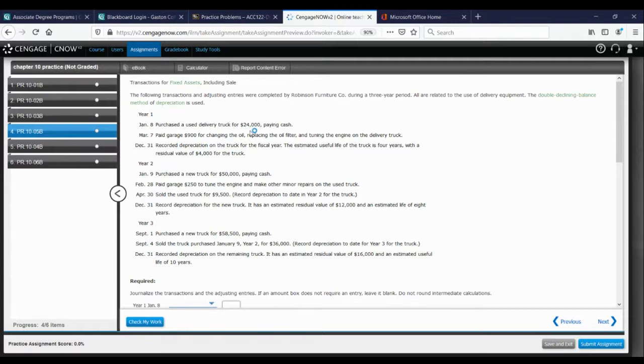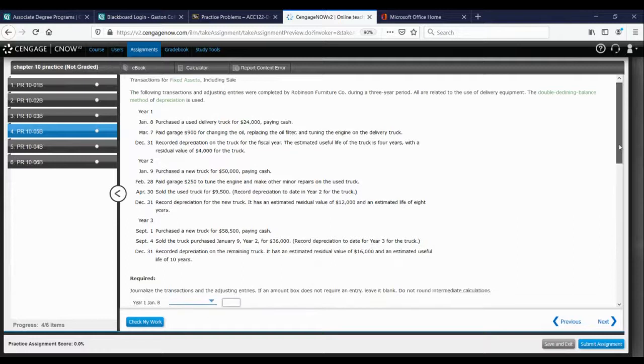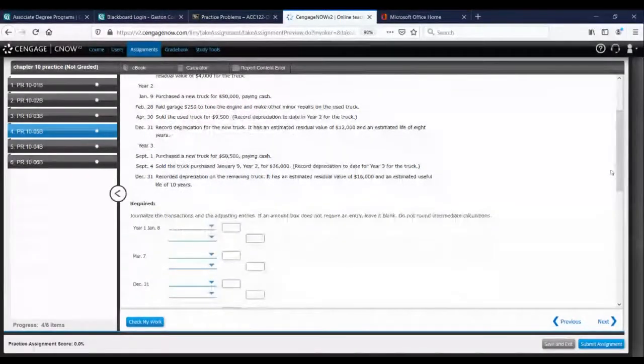In our first journal entry, on January 8th, we are purchasing a used delivery truck for $24,000. And it tells us that we paid cash for that truck. So all you have to do is go to your journal. We're going to start with our debits first. Because we purchased a delivery truck, the delivery truck is the name of the asset.